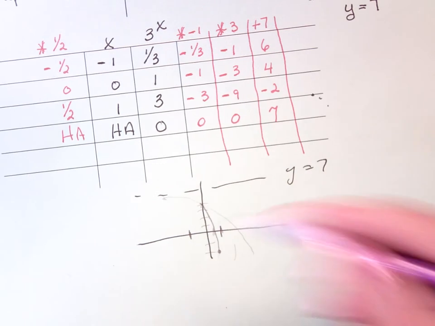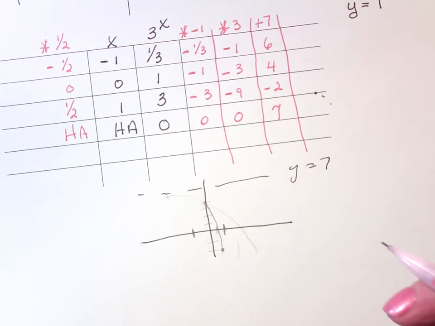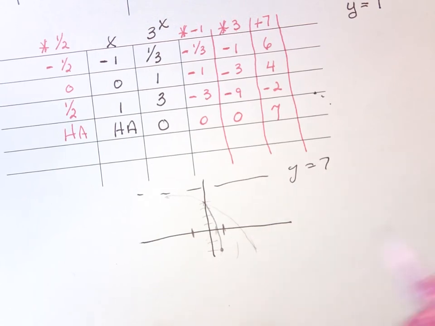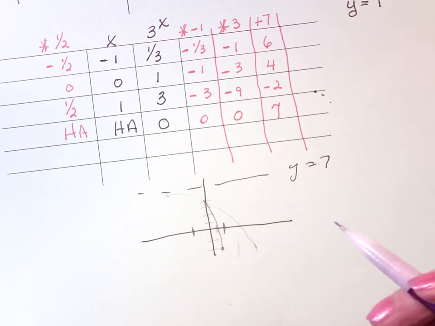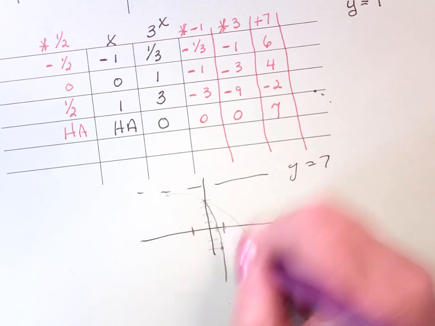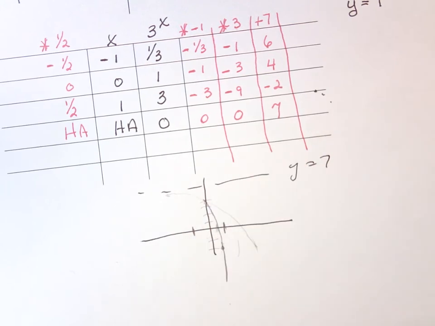So he is really quite steep. What you don't get, I knew he was going to look like that. But what I don't have is how steep that graph really is going to be. So you cannot actually get a good look at him without doing coordinate points.